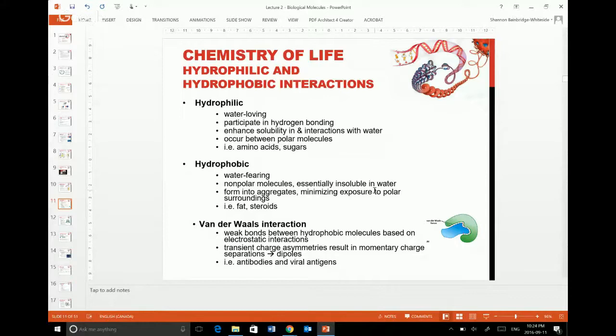And so you get this very weak interaction. It does not take much energy at all to break this apart, but they do have a biological relevance. For example, when antibodies interact with antigens, for example on viral antigens, in some cases you have two hydrophobic surfaces coming together and they are interacting using van der Waals interactions.